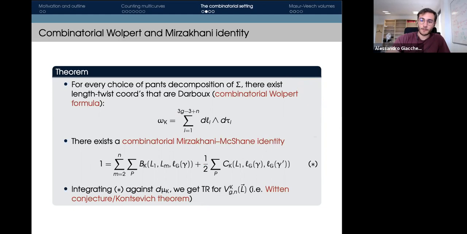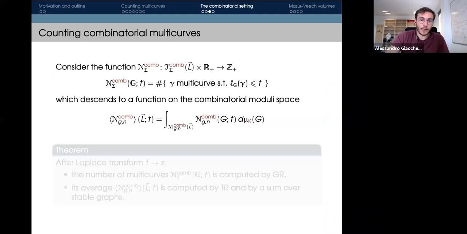So what I want to tell you now is that, basically, we can do the same thing we did before. We can again count multicurves in this combinatorial world. The definition here is the same, but it's different: I'm considering the same type of counting, but on a different space, this combinatorial moduli space.